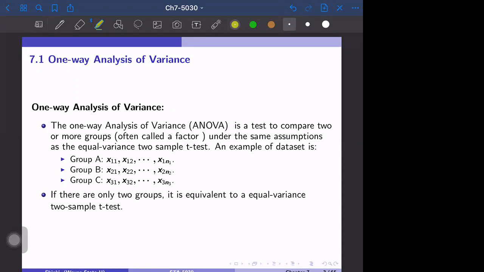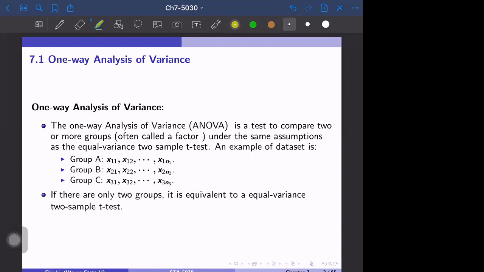So it includes the t-test, but we can compare three groups. For fertilizer A, B, C, overall, do we have any difference between these three or not? We can test that hypothesis by one-way analysis of variance.